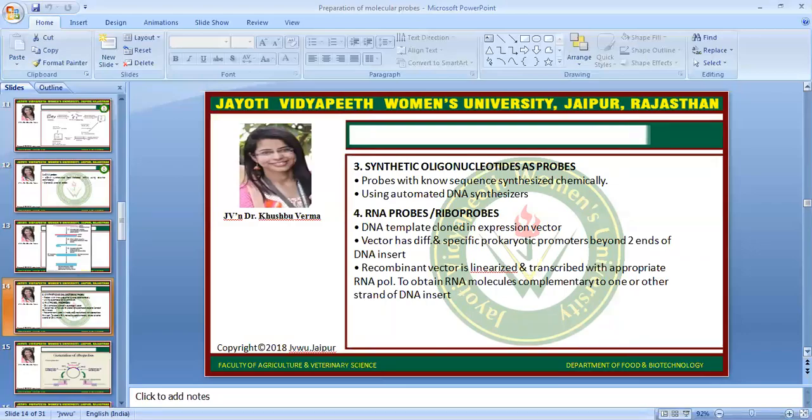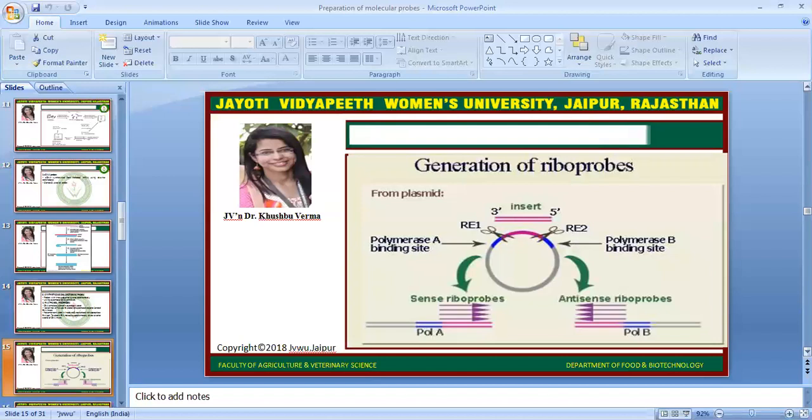The vector has different and specific prokaryotic promoters beyond either end of the DNA insert. The recombinant vector is linearized and transcribed with the appropriate RNA polymerase to obtain RNA molecules complementary to one or other strand of the DNA insert. Here we can see the generation of riboprobes from plasmid.